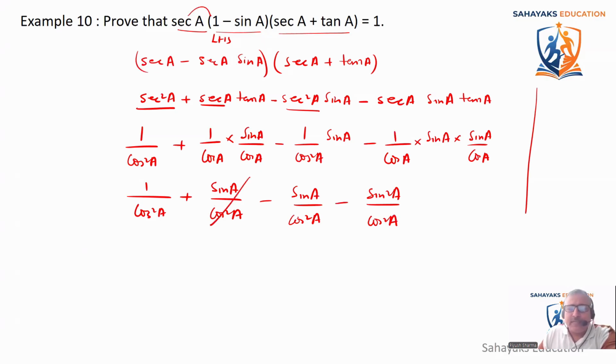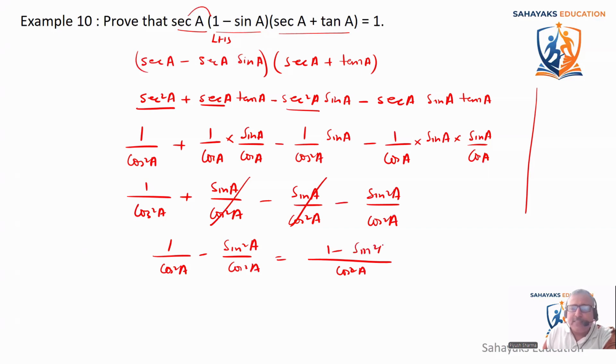So this will cancel out, plus and minus, and this becomes 1 by cos square A minus sin square A divided by cos square A. So it implies, taking cos square A as LCM, it becomes 1 minus sin square A. And we know 1 minus sin square A is equal to cos square A, from the identity sin square A plus cos square A is equal to 1.